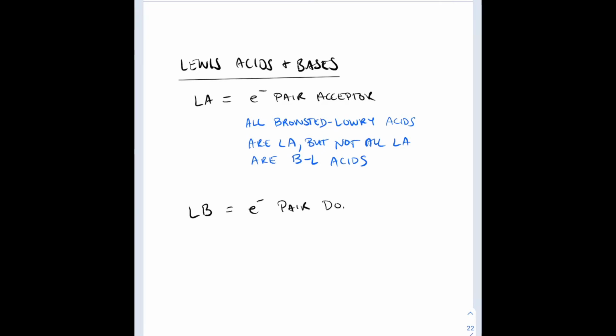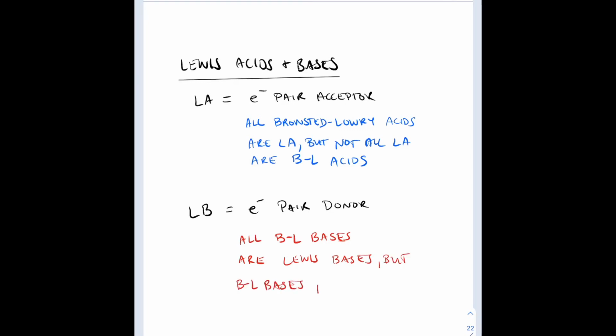So Lewis bases are electron pair donors. All Bronsted-Lowry bases are Lewis bases, but they attack different things.